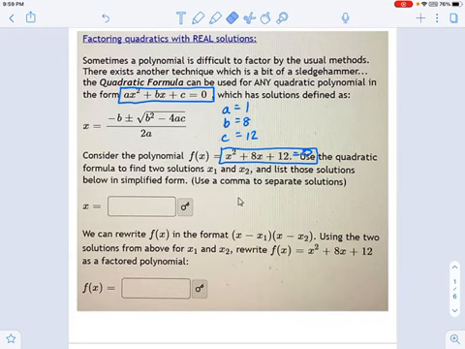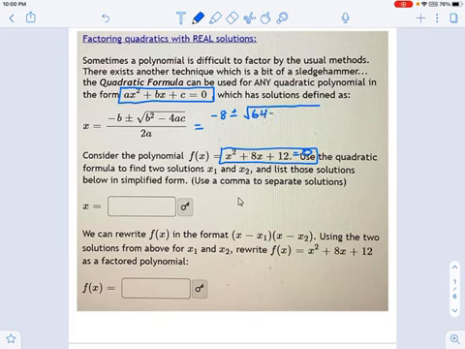And what I'm going to do is solve, well, that thing to the left. So let's go for it. Negative B, well, B is 8. So negative 8 plus or minus the square root of B squared. So B is 8. That means B squared is 64.